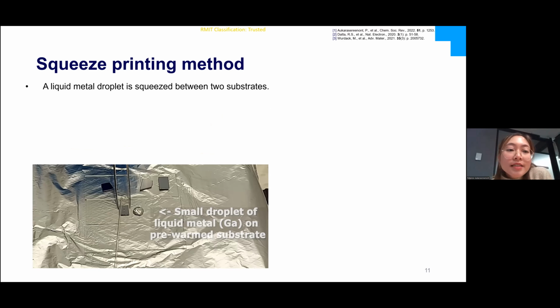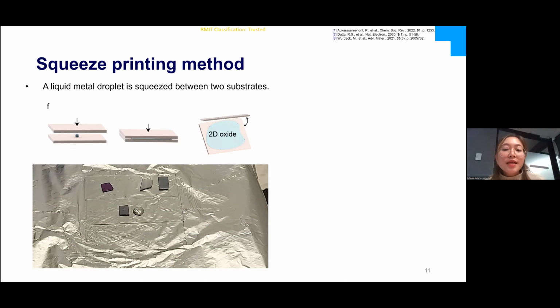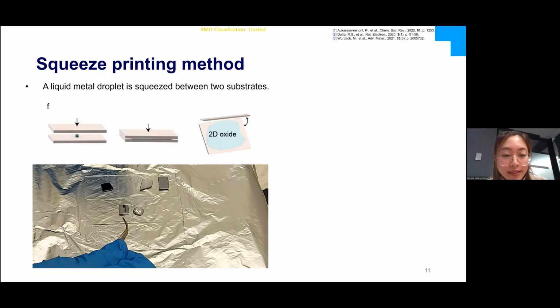Another one is the squeeze printing method. This one starts off very similar to touch printing, and it requires two substrates. The metal is placed on one substrate and then heated to its melting point.